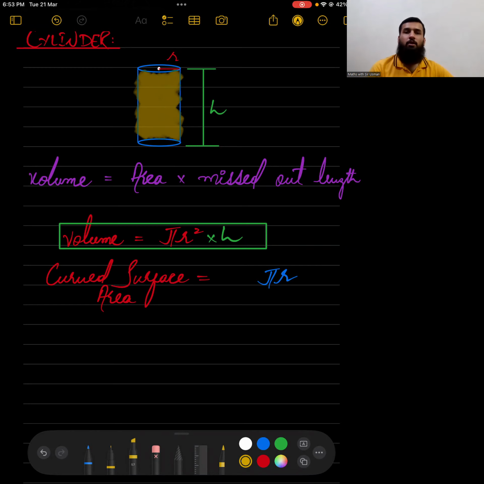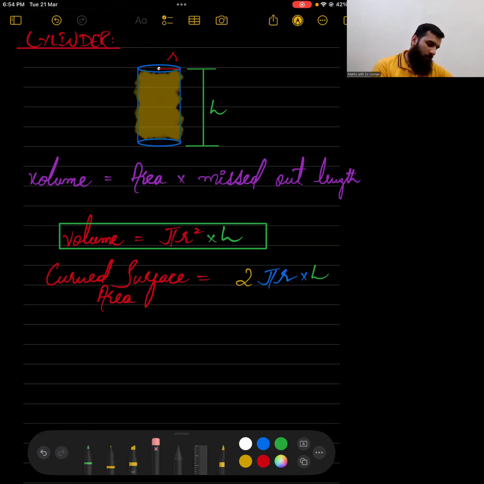And this curved area is having a height of h centimeters, and we are having two circles at the top and bottom, so we'll just combine them over here, and that would become the curved surface area as 2 pi r times height, and that would be your curved surface area for cylinder. I'll repeat it again.